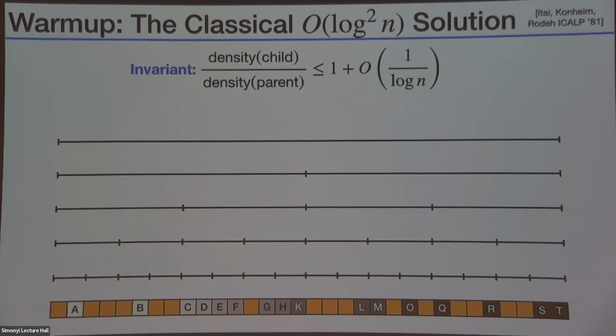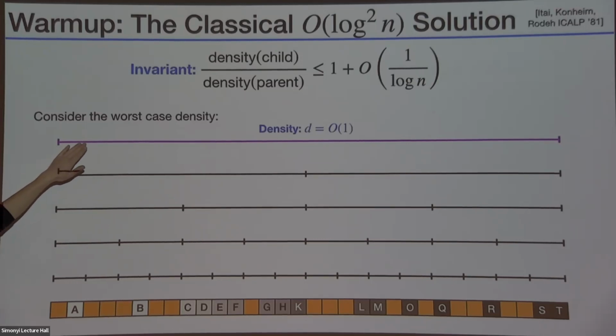What I would like to now convince you of is that if you can get an algorithm that maintains this invariant, then you have a valid solution for the list labeling problem. We can analyze the densities of all the different intervals as we go down. The density at the top is just constant by the definition of the problem.